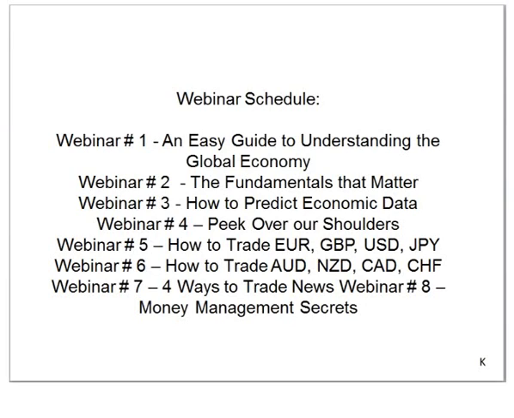Then in webinars number 5 and number 6, we took a very specific currency by currency look at the euro, the pound, the dollar, the yen, the Australian dollar, the New Zealand dollar, the Canadian dollar, and the Swiss franc, the 8 currencies that make up the major set of currencies traded in the currency market.